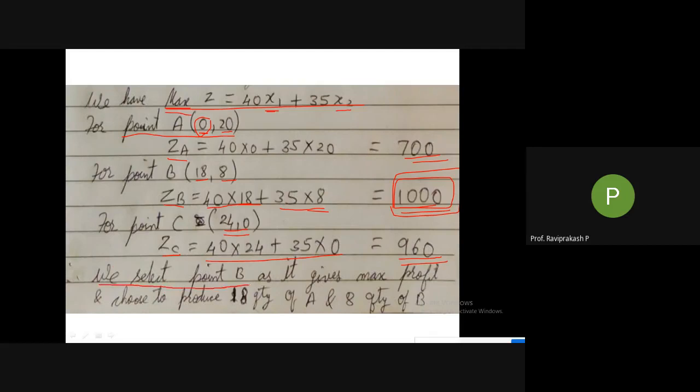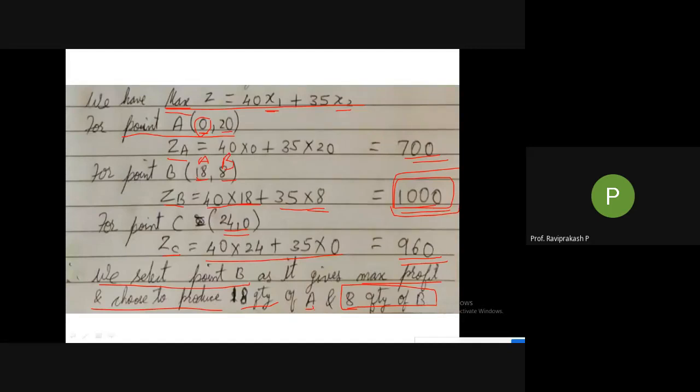I am getting maximum profit, so I am taking point B. As it gives maximum profit, we choose to produce 18 quantity of A, because x1 is representing A. Here I'll write A, and this is product B. So I need to produce 18 quantity of A and 8 quantity of B. This is your inference. You have to come up with this answer. This will give me maximum profits.